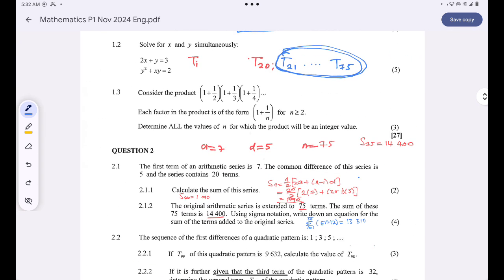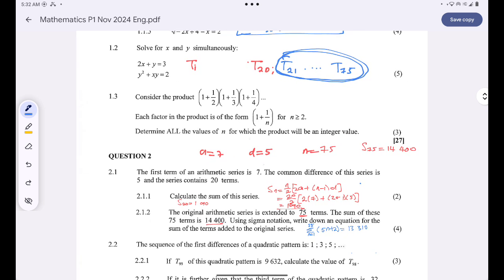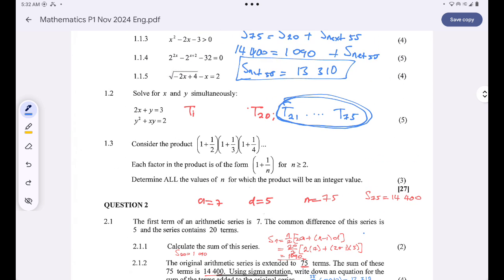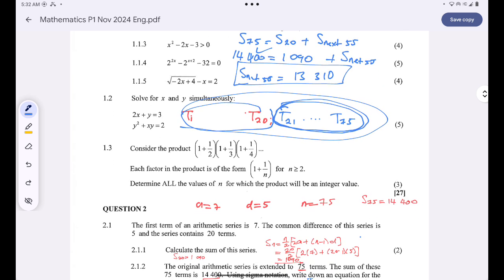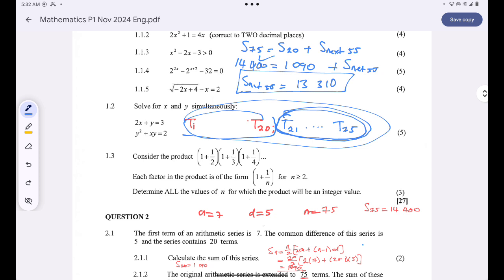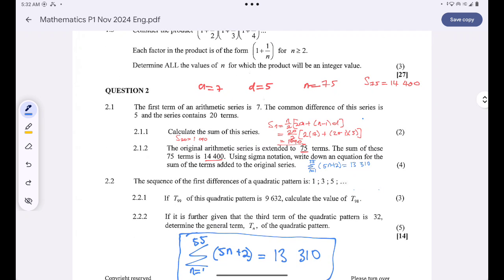Remember that, guys, for us to find 13,310, we simply used the fact that the sum of all the 75 terms is 14,400. But initially we calculated the sum of the first 20 terms to be equal to 1,090. That means the sum of the next 55 terms that were added will simply be equal to 13,310. That's how, guys, we tackled 2.1.